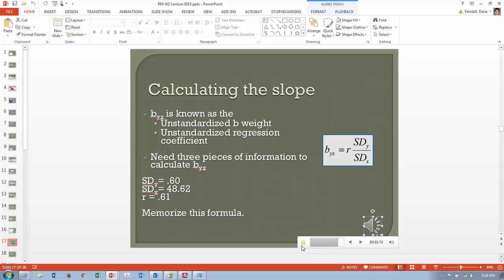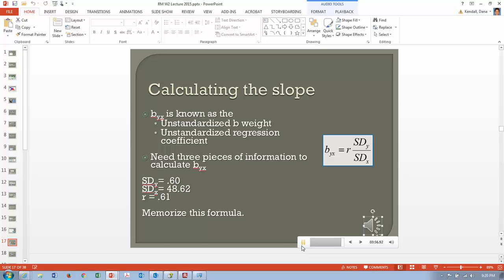Just so you know, unstandardized b weights aren't exchangeable. Let's say we switch things up where we have GRE as the outcome and GPA as the predictor, just as a hypothetical. We would get a different b weight in that case.